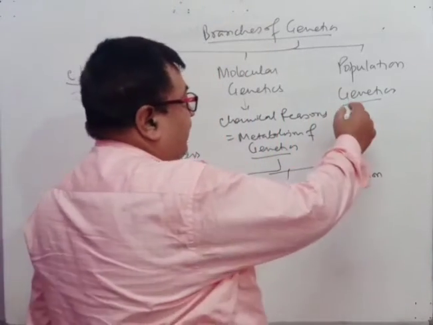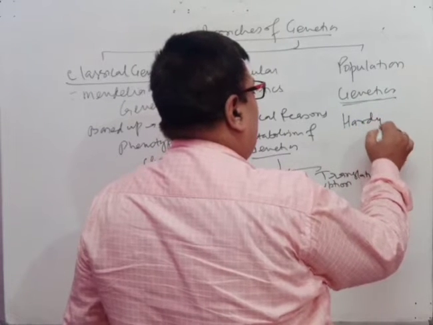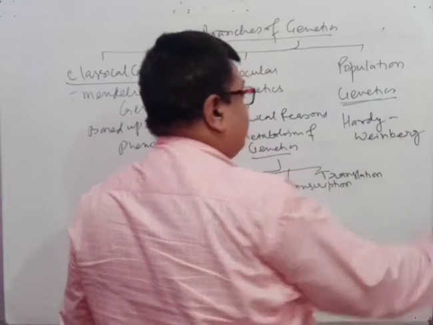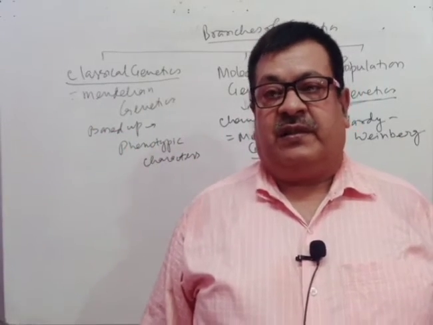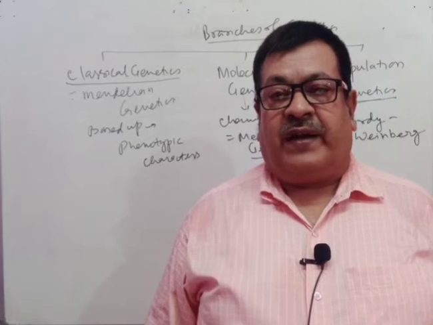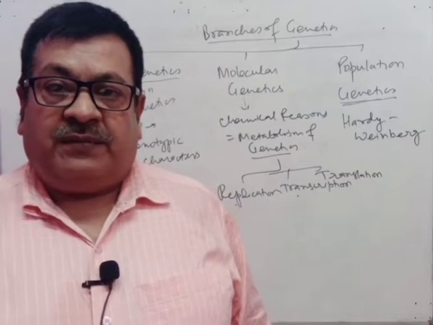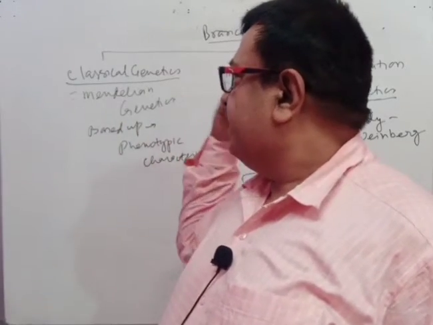Here, in population genetics, we study the basic rule of Hardy and Weinberg, which explains the reason of organic evolution, and it also finds out the numerical values of each and every type of variation also. So these are three main types of genetics.